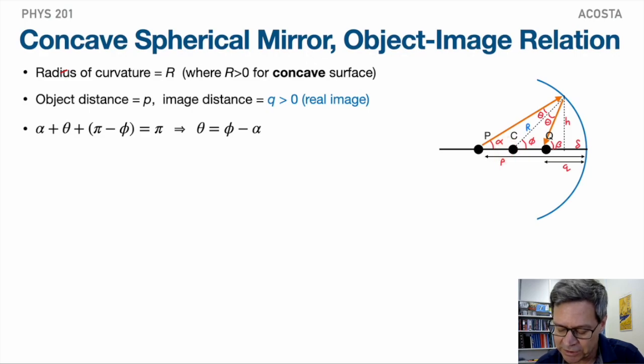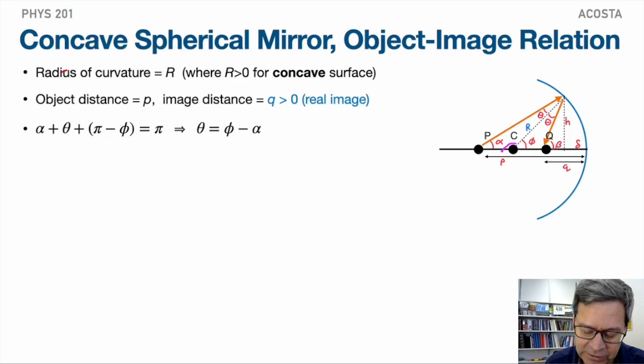So this angle in here is pi minus phi, added to alpha and theta for this triangle I've highlighted here, and that has to add up to pi radians as shown here.